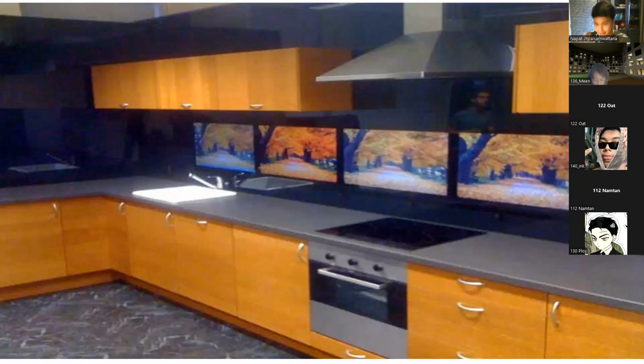So basically, everything that you touch, it will give you instruction. So if you touch, let's say, the stove, it will say, okay, this is the stove for blah, blah, blah. If you want to do this, and things like that. So it can be pre-programmed for different types of food as well. If you want to cook spaghetti, it will tell you a list of things that you need to do and so on.